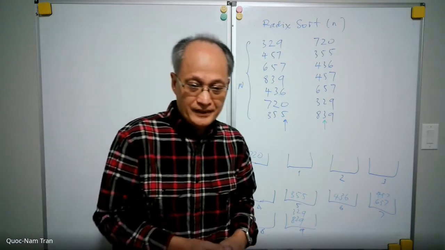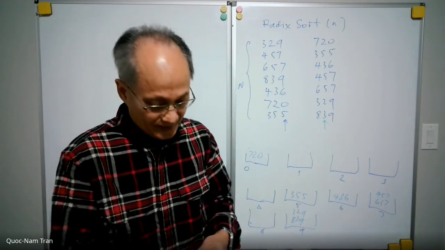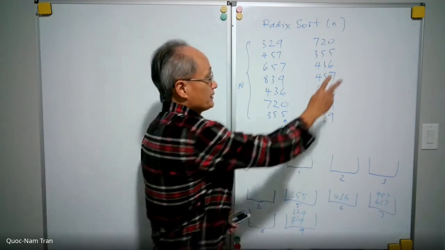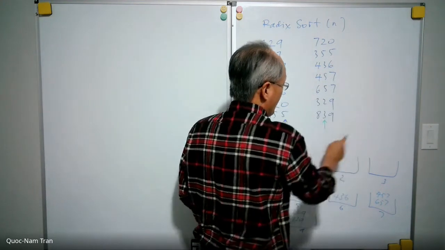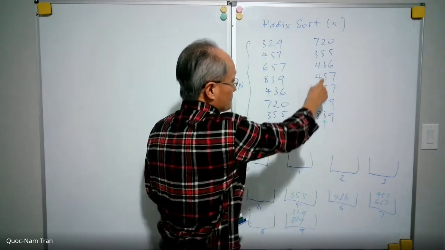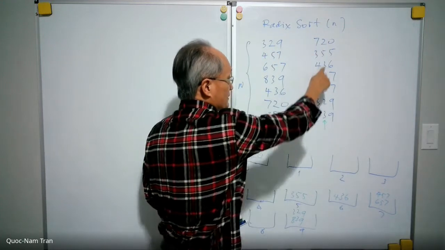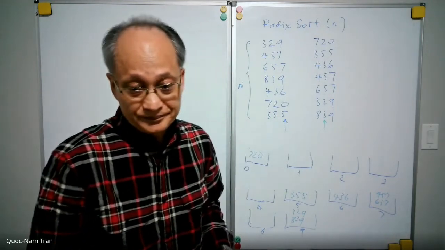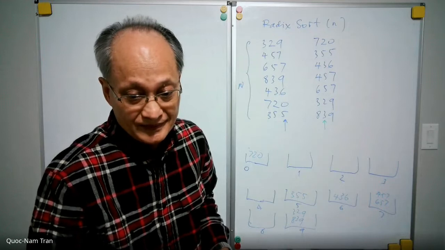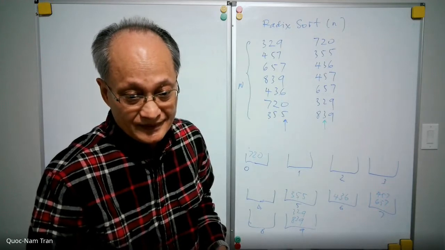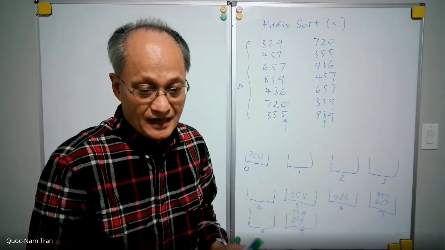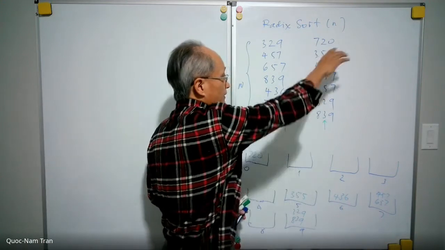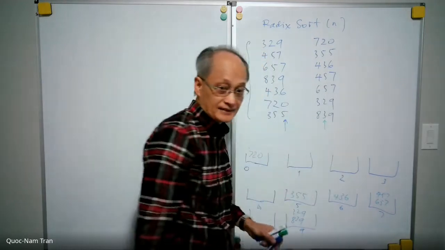Okay, so anyone who has a result, what would be the list of numbers after we sort with respect to the second digit? Just type in the list of numbers, starting from the first to the last.